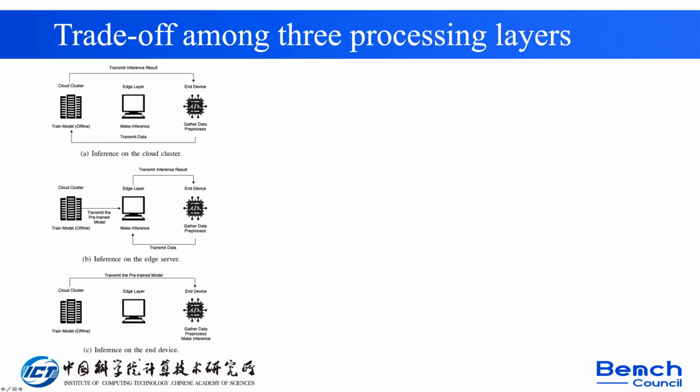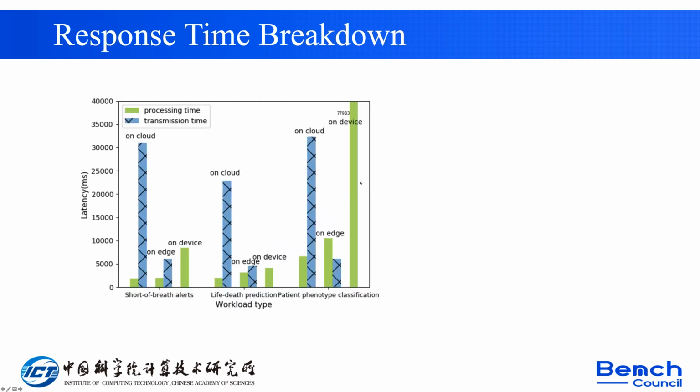This figure shows the 3 different inference location methods on cloud server, edge server, and end devices, respectively. The problem is which layer to allocate the inference to get the minimum overall response time. So we perform a breakdown of each workload's end-to-end response time into processing time and transmission time across 3 layers.